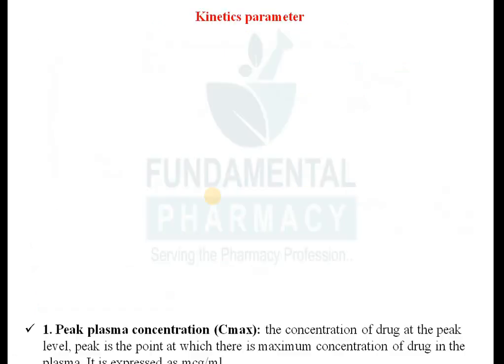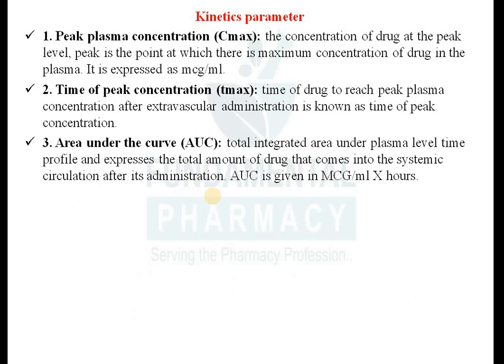Okay, that clear? Total integrated area under the plasma level time profile expresses the total amount of drug that comes into the systemic circulation after its administration, and it is expressed in microgram per ml hours, right? Area under curve.